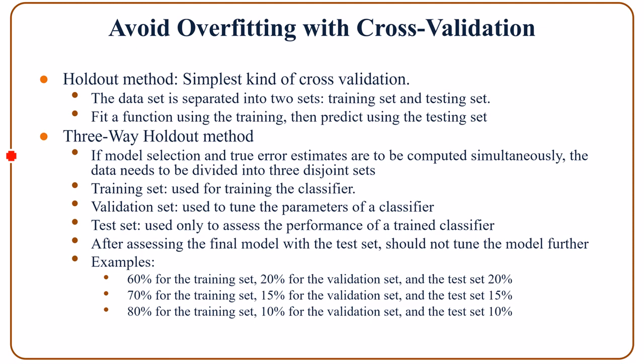Here are some examples for partitioning data. You may have 60% for training, 20% for validation, and 20% for the test set. In another example, we have 70%, 15%, and 15% for training, validation, and test sets. And finally, in the last example, we have 80%, 10%, and 10% for training, validation, and test sets.